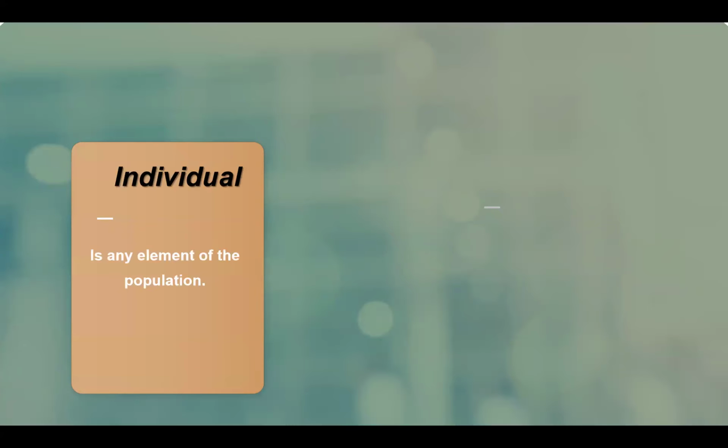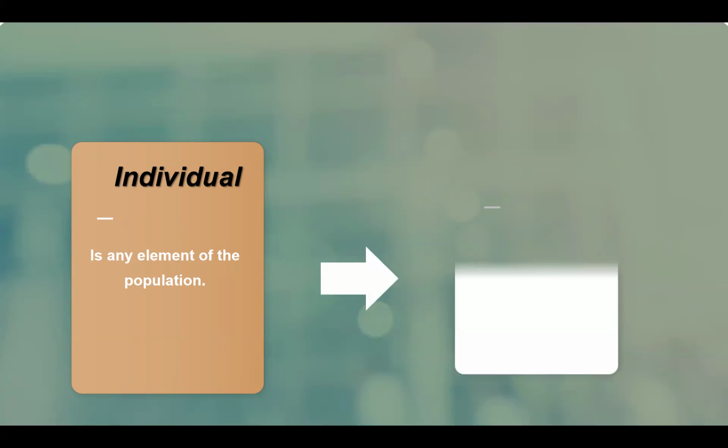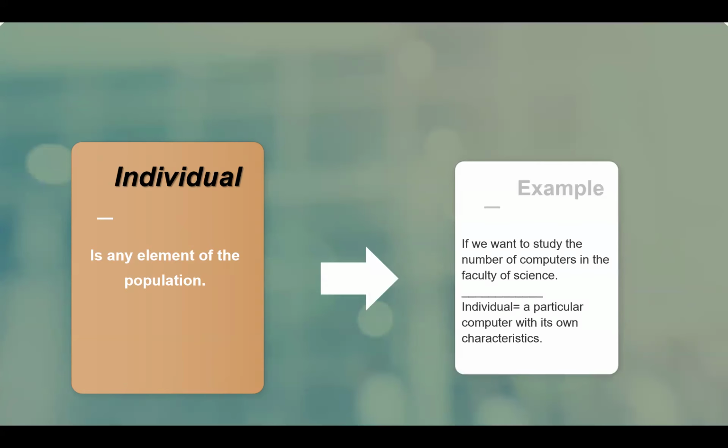Let's define the second concept, which is the individual. The individual is any element of the population. For example, a particular computer with its own characteristics represents an individual.